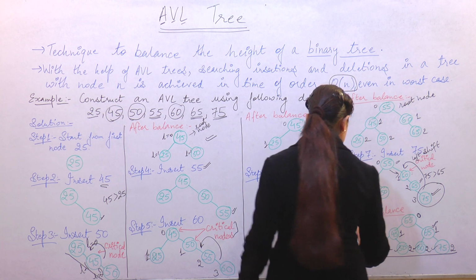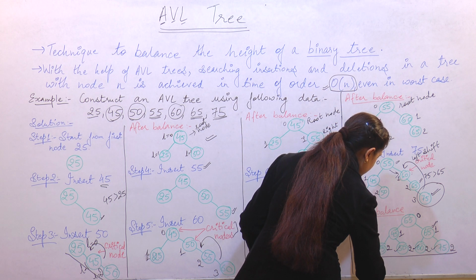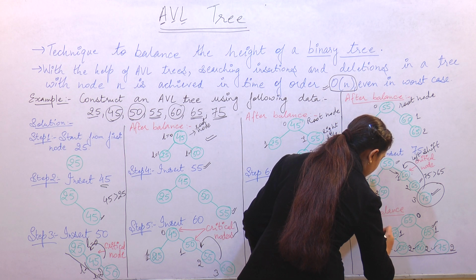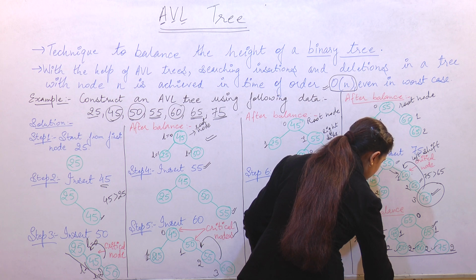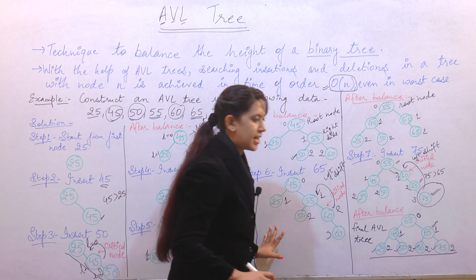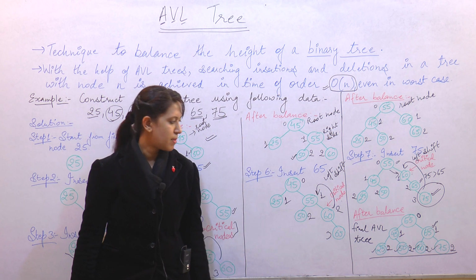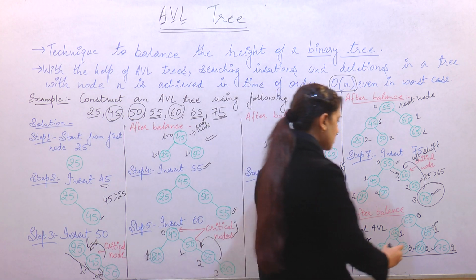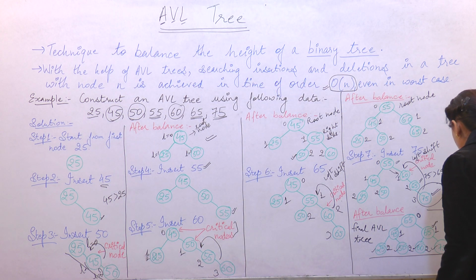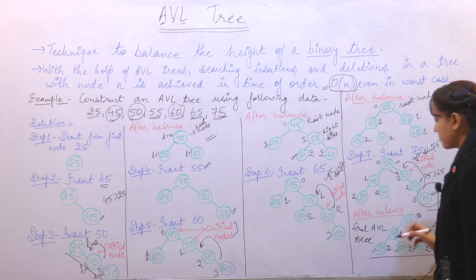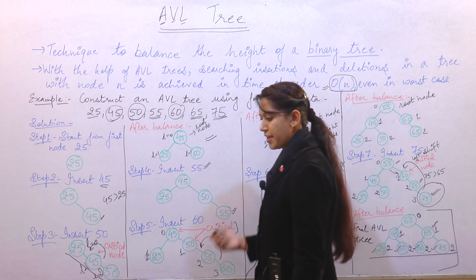So this is our final AVL tree, or we can say a height balanced binary tree. So this is our finally constructed height balanced binary tree or AVL tree.